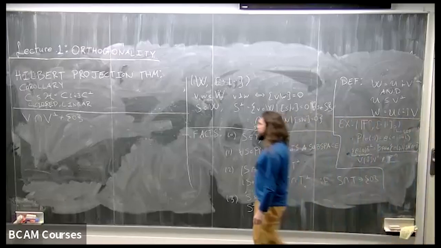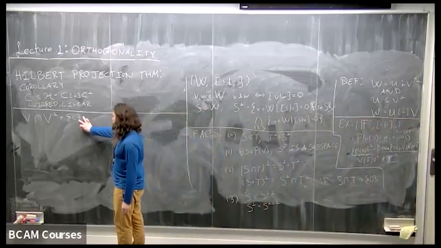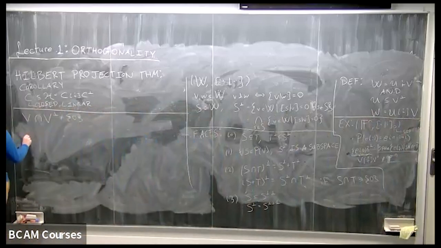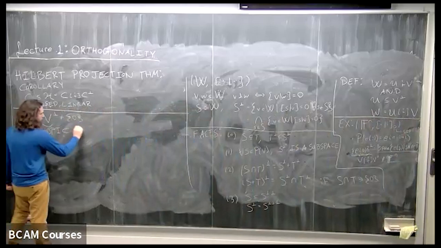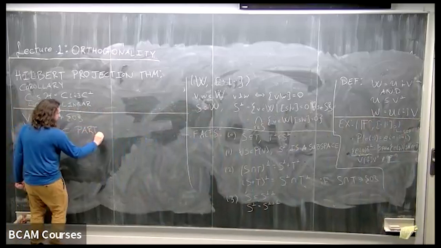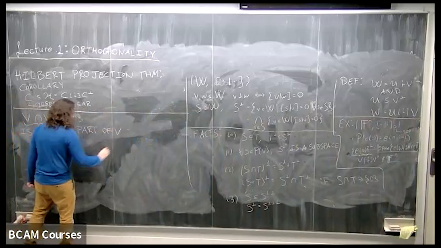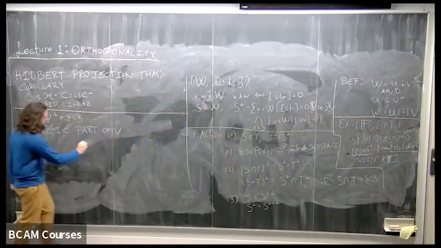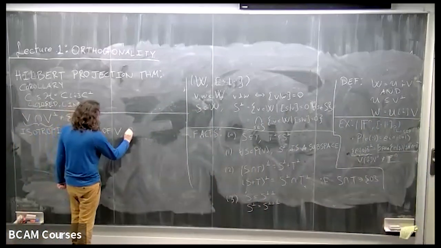So if I want to attach some verbiage to this statement, I can call this thing the isotropic part of V, and I can denote it as this.